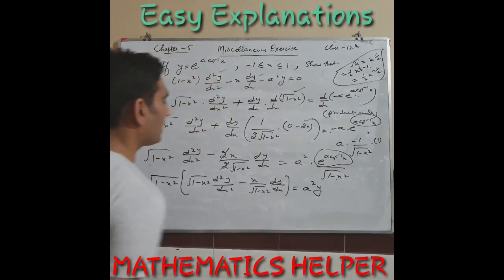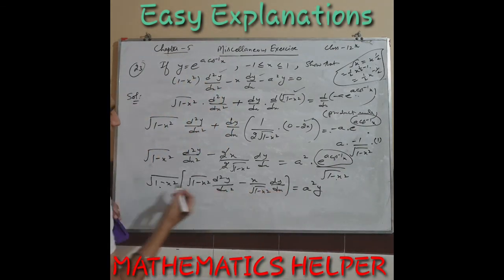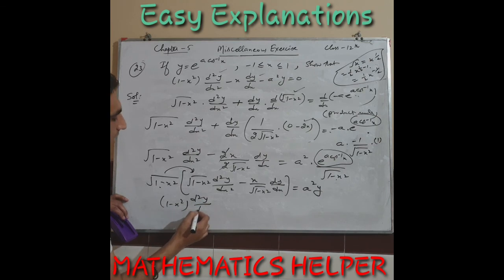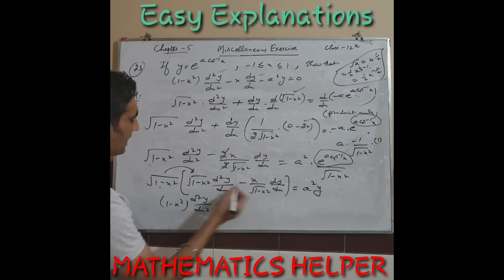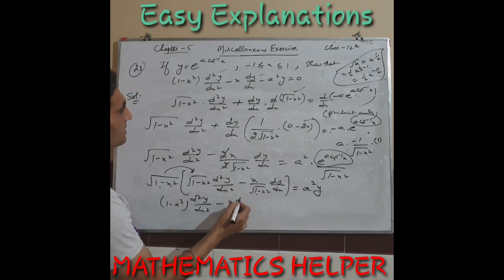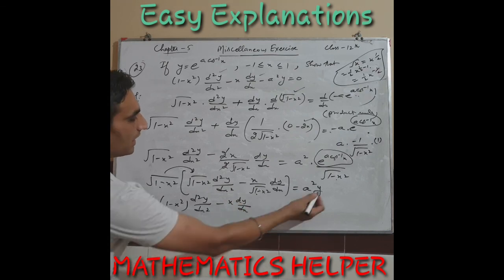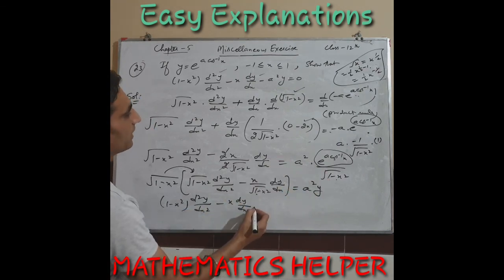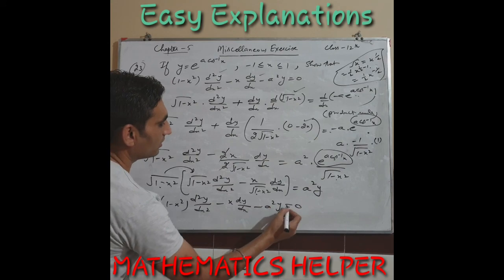It is y. When you multiply same value 2 times with under root, they will give only 1 minus x square. And d square y over dx square minus this will get cancelled. You will have minus x dy over dx, and that value I am going to shift in the left side. It will be minus a square y equal to 0.